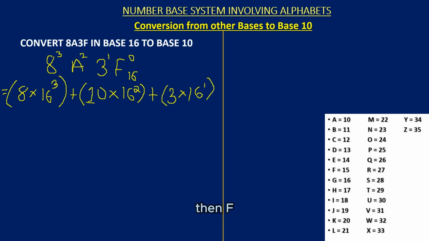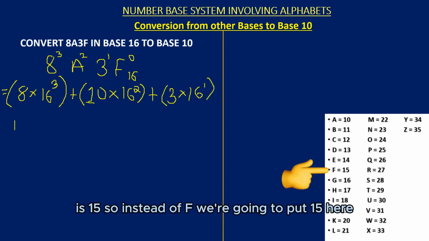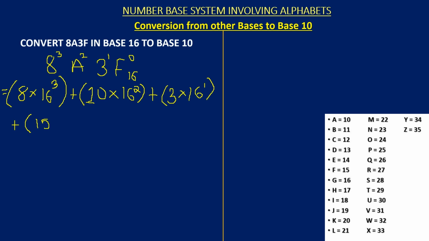Then F is 15. So instead of F, we're going to put 15 here times 16 raised to the power of 0.